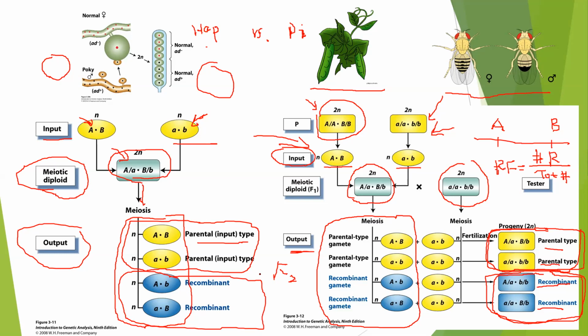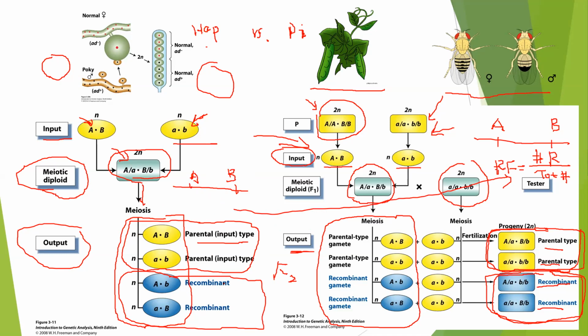So the same thing: if these two genes are linked, if they are on the same chromosome, we can use exactly the same formula to calculate the distance between gene A and gene B.